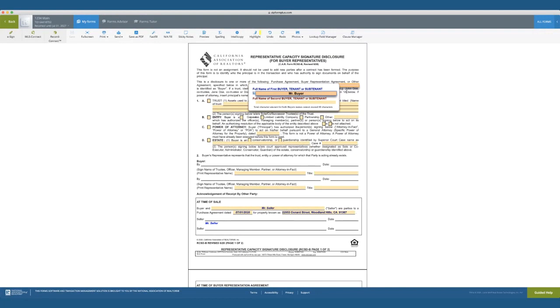So this form is going to say Mr. Buyer, trustee.